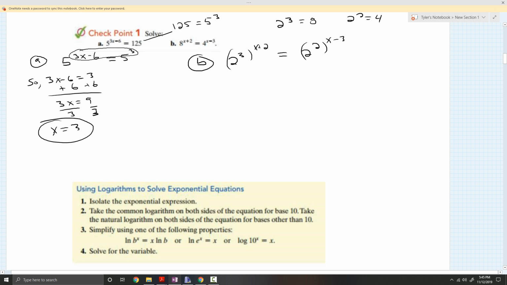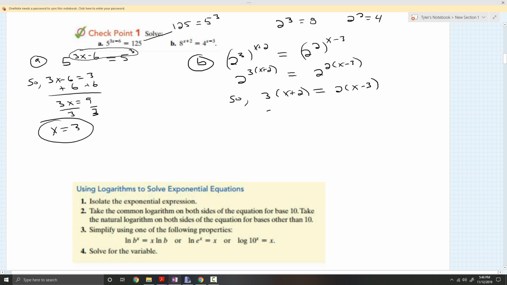Just like before, we need to multiply, using the power rule for exponents. So this would be 2 to the 3 times x plus 2 equals 2 raised to the 2 times x minus 3 power. So this means that their exponents must be equal: 3 times x plus 2 must equal 2 times x minus 3.